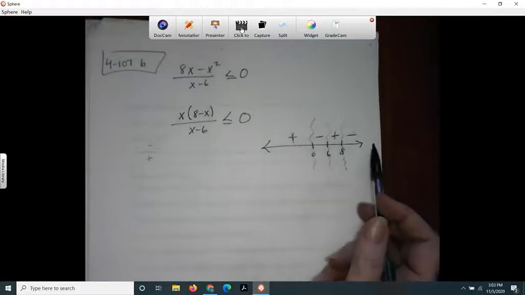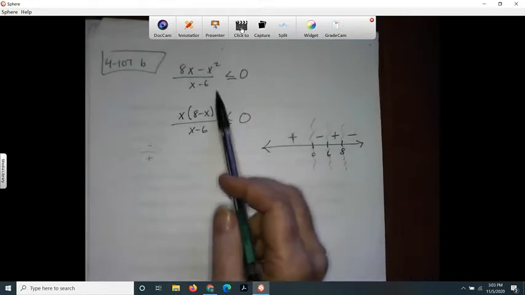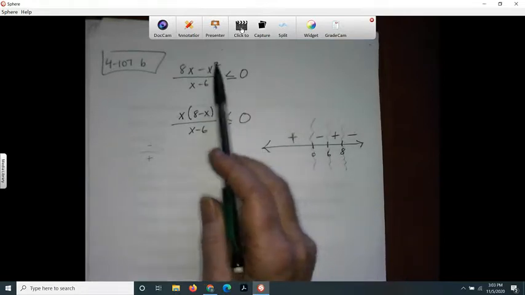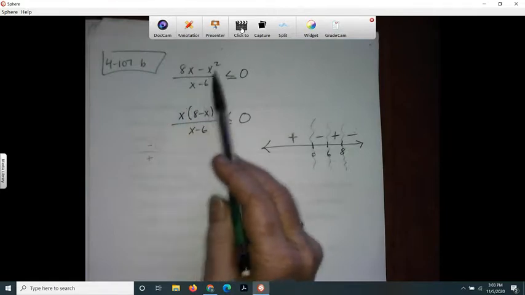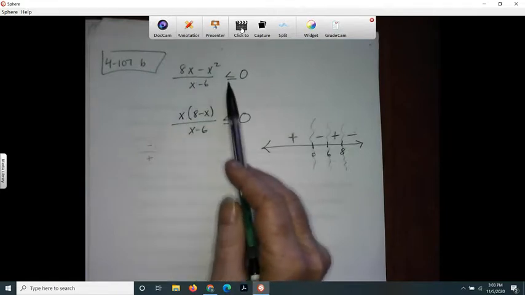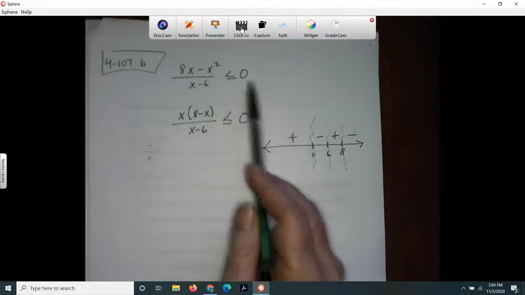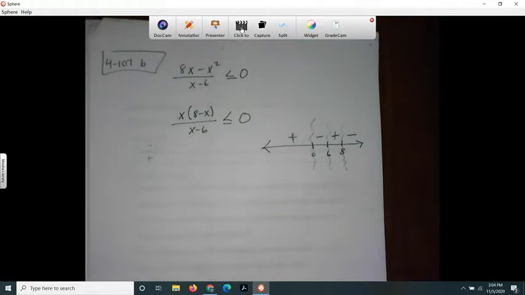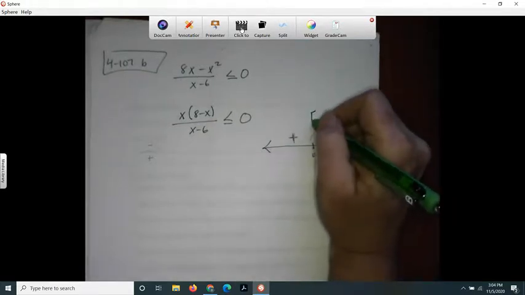And then we can look back at our original problem. They want all the x values that make this function less than or equal to 0. So less than or equal to 0 means negative. So I'm just going to use these little regions right here, and I'm going to use the square brackets because I've got the equal.